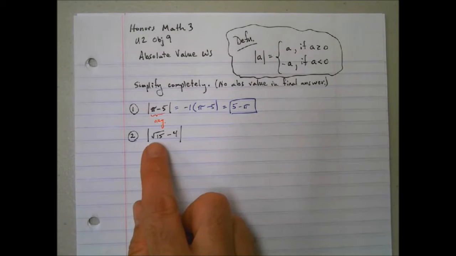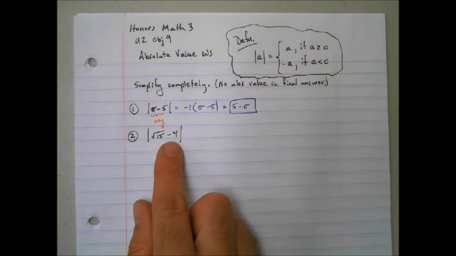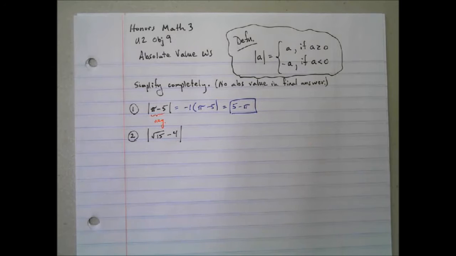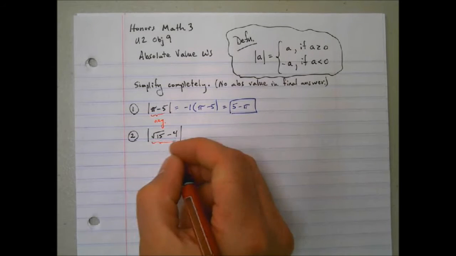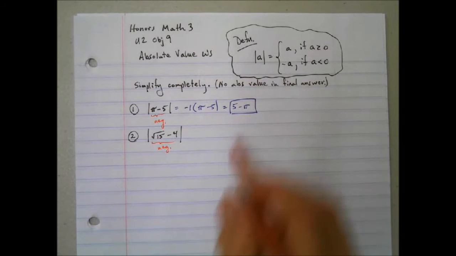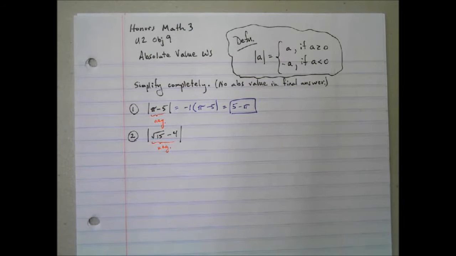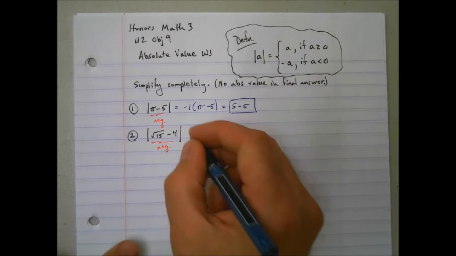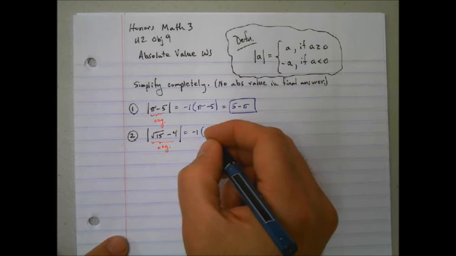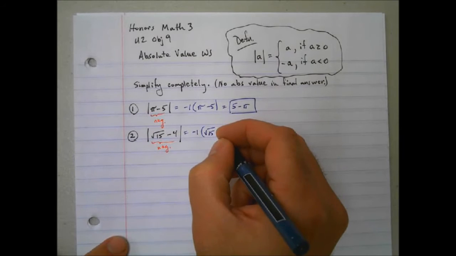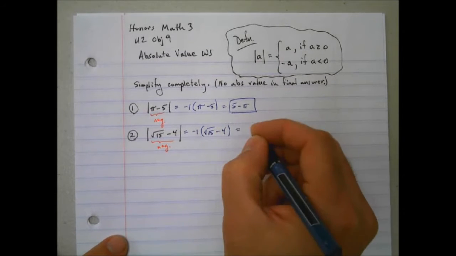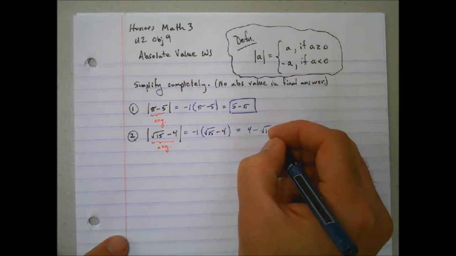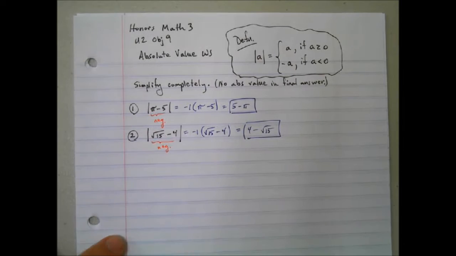So a little bit less than 4 minus 4, the inside is negative. Since the inside is negative, we have to follow the rule for the inside being negative. And we're going to do -1 times root 15 minus 4, which is 4 minus root 15.